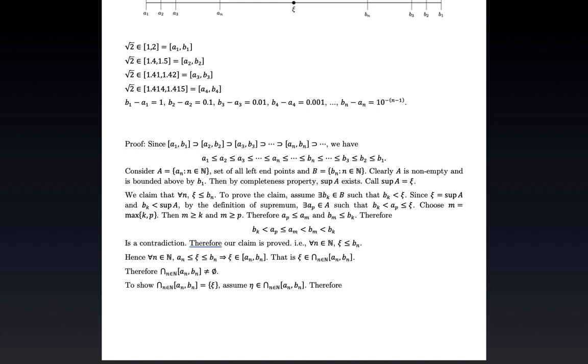What about the distance of xi and eta? Their distance is definitely positive, let's say.